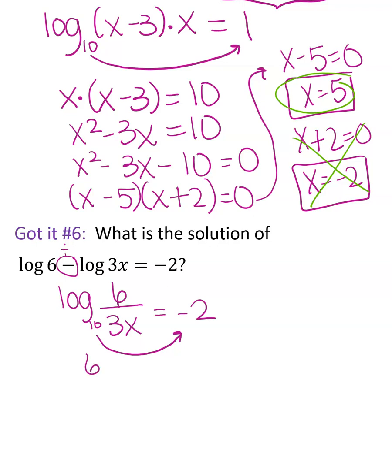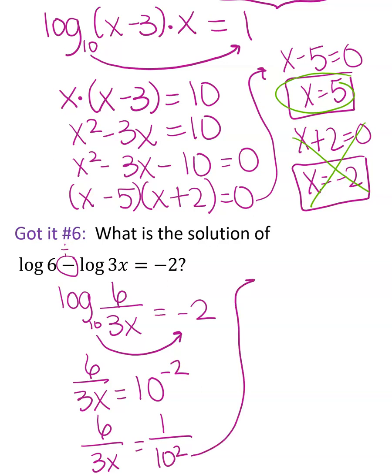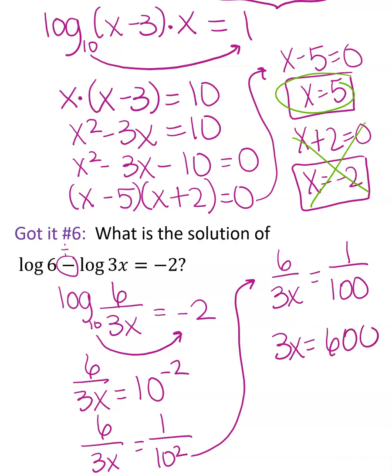So this one looks like 6 divided by 3x equals 10 to the negative 2. I'm going to fix that power on the right so that it's positive. 6 divided by 3x equals 1 over 10 squared. 6 divided by 3x equals 1 over 100. And if you cross multiply, you get 3x equals 600.